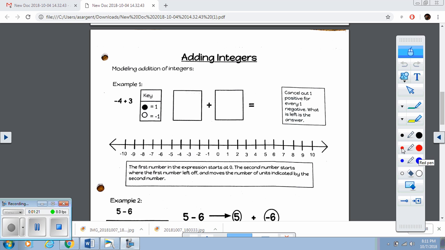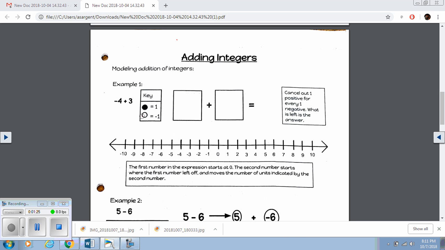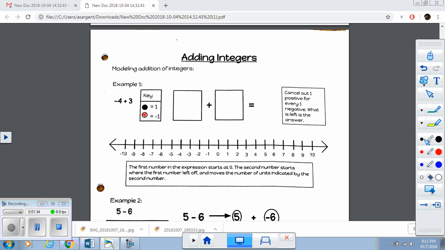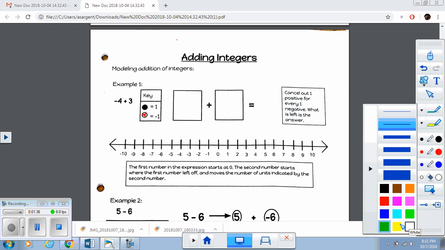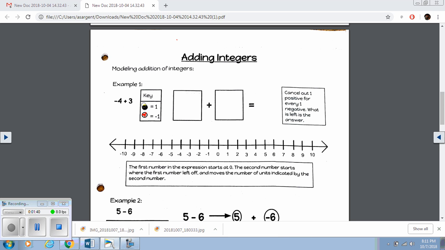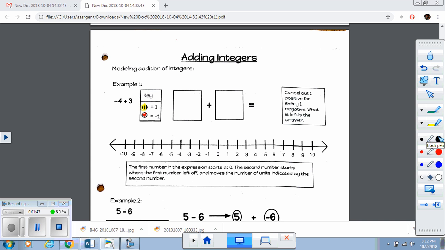I told you on Friday they do a lot of red for negative and yellow for positive, so I'm going to try to stick with that, just so that you are more familiar with it. If you prefer the white and black, that's fine. Just know that whenever you see this, you'll see it with a key so that you know what means positive and what means negative. Alright, so this one, our example is -4 plus 3.